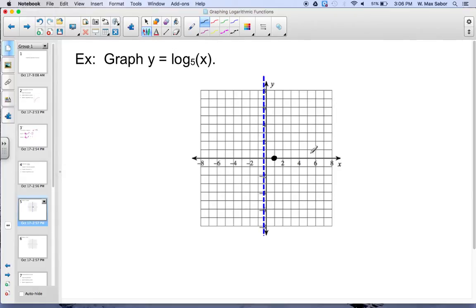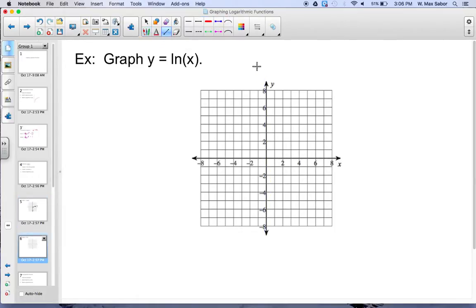And then we go to 5, 1. Because there's no addition, subtraction, or multiplication, we can just say that this is a good representation of it. And if you tilt your head to the side, you'll see that this looks like an exponential decay function, which should make sense.